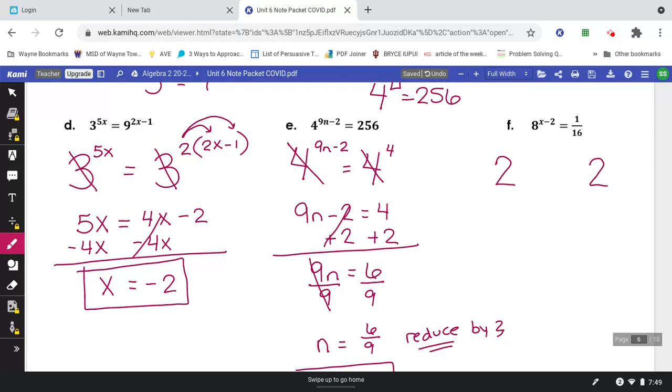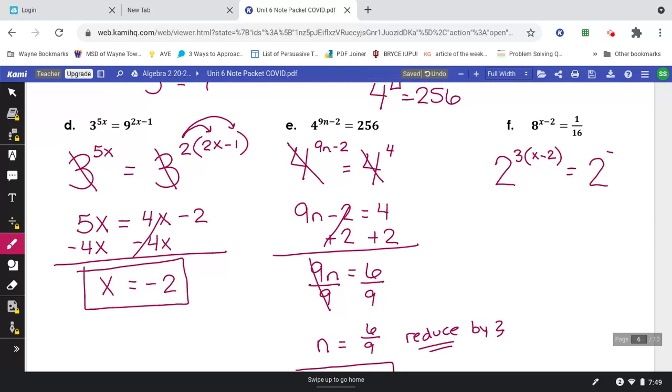2 to what exponent is 8? In other words, how many 2's do you have to multiply together to get 8? 2 to the 3rd is 8. Bring down the exponent that's already there. On the other side, the negative is what's going to create that fraction there.